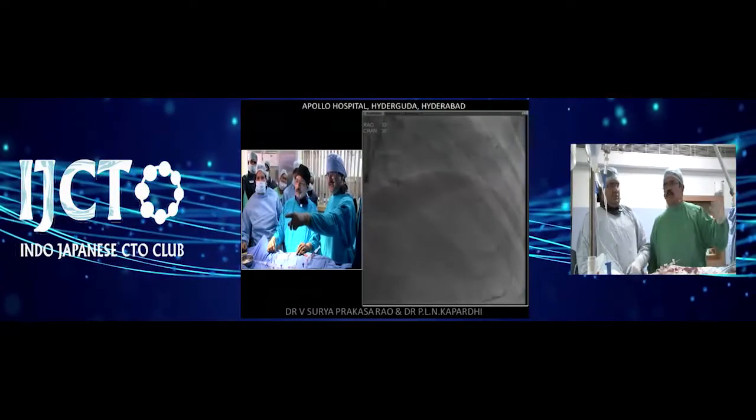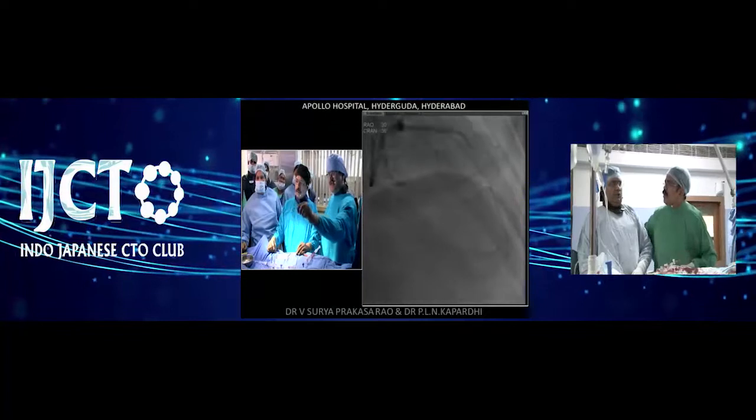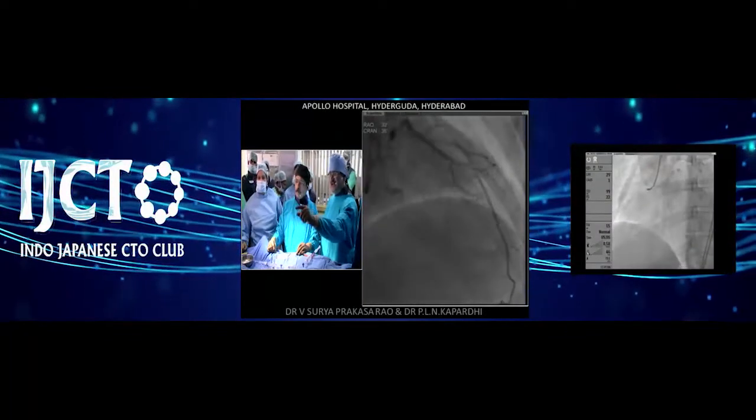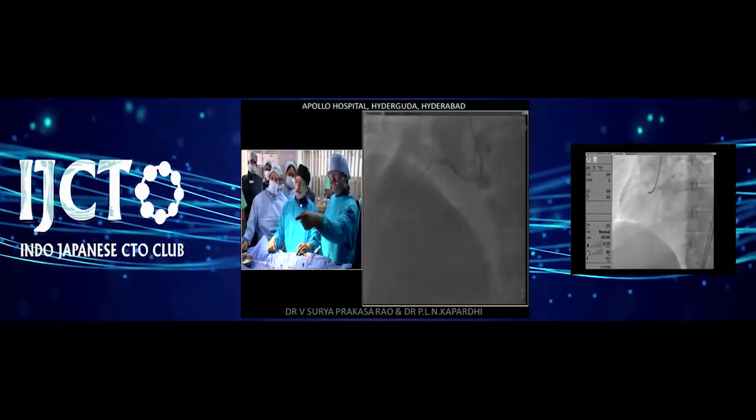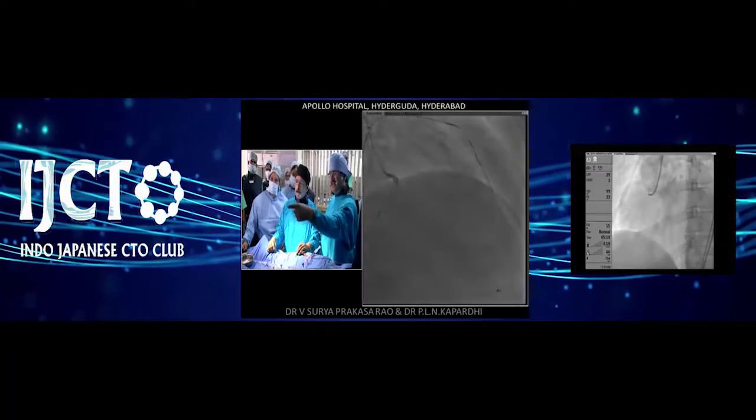It is connected to the PDA, which is contracted, which is small. Next is selective injection, can you show? Selective injection, septal.